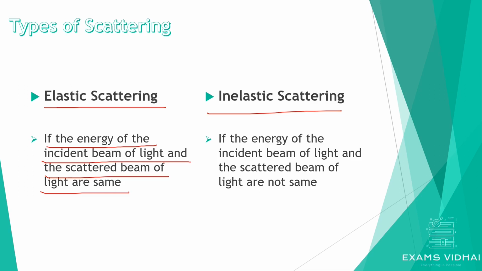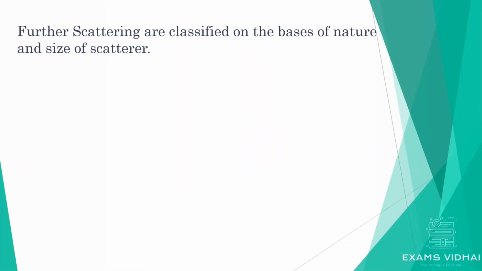And if the energy of the incident beam of light and the scattered beam of light are not the same, then it is called inelastic scattering. Further, scattering is classified on the basis of nature and size of the scatterer.